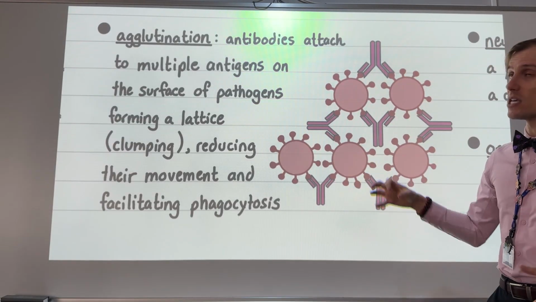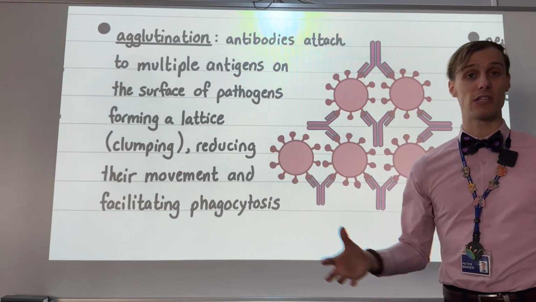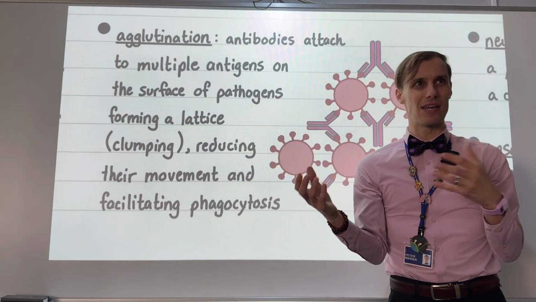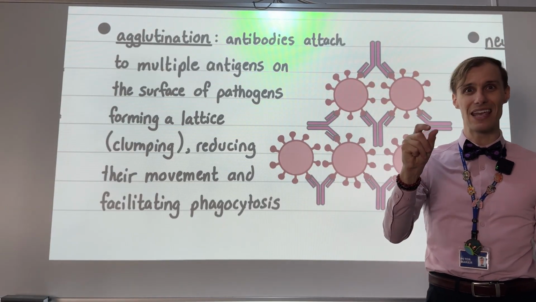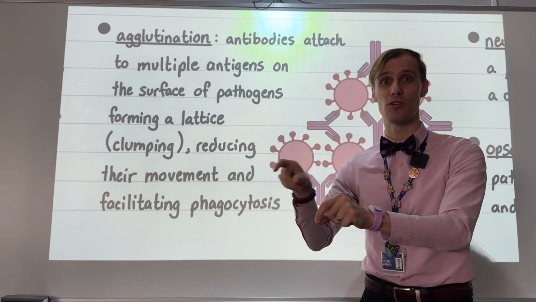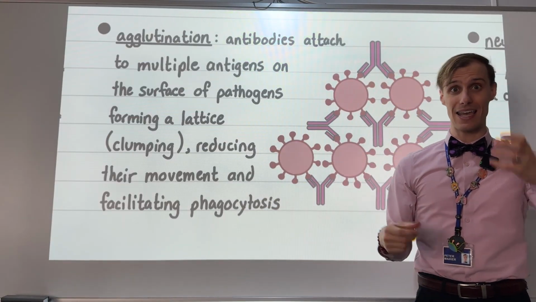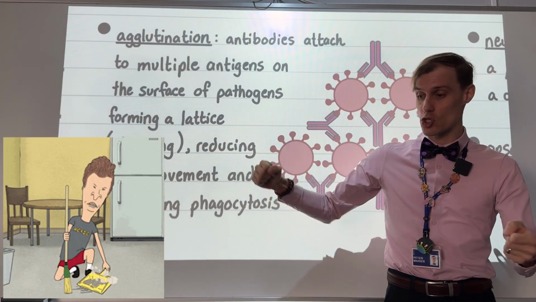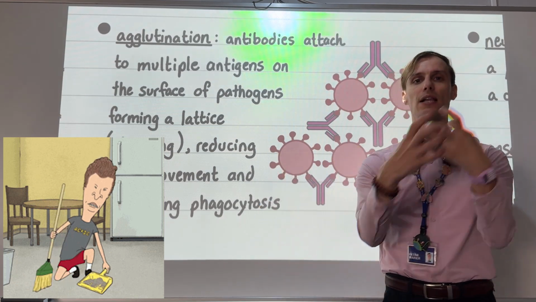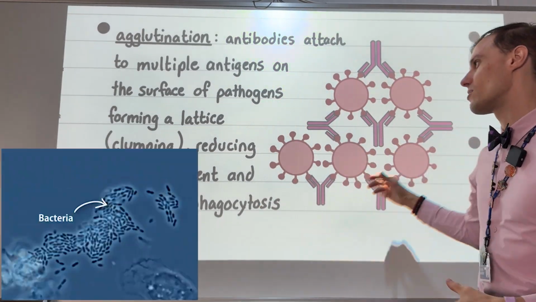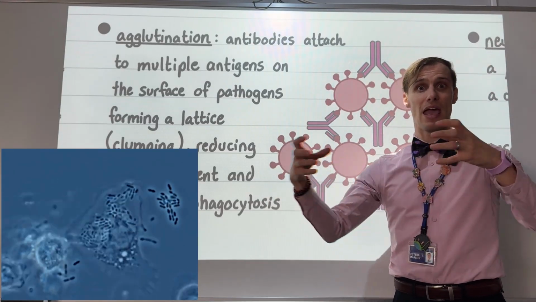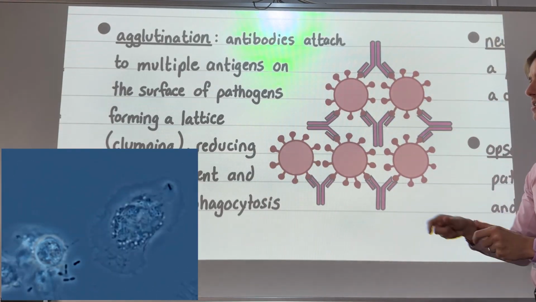Two, it makes it much easier for your phagocytes to actually engulf and destroy them. An analogy that I like to think about would be, imagine I have to clean the floor and I have to individually pick up little pieces of dirt. Or instead, I can take a broom and sweep it into a pile and then clean the pile. That's kind of how I think about this. It's much easier for phagocytes to destroy clumps of them than it would be individual ones of them.